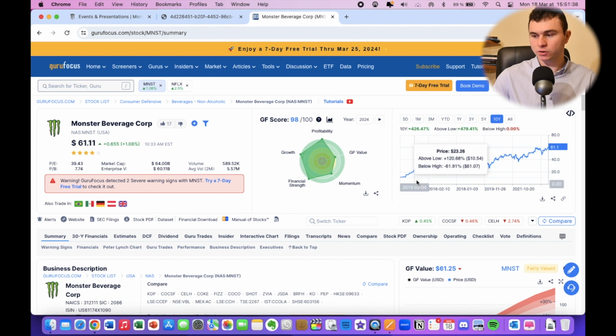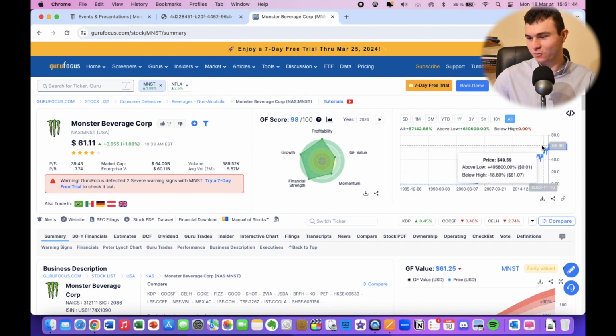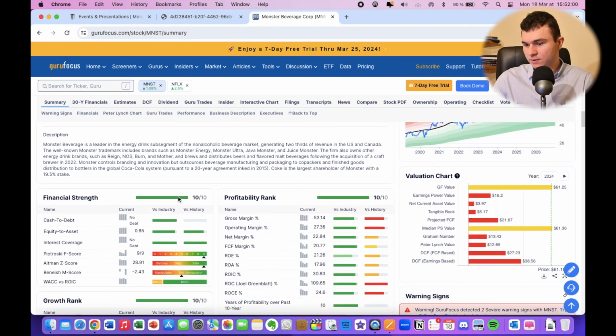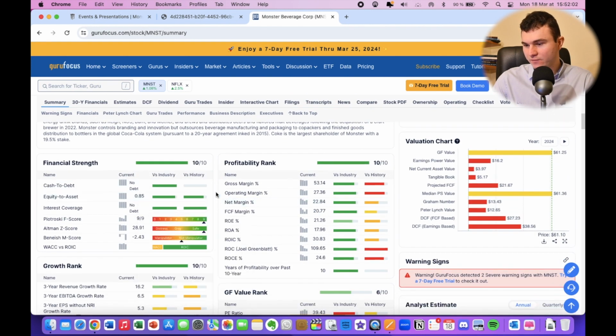You have the evolution of the stock price for 10 years, for all, if you want to see the beautiful stock price evolution over time. What does this page give you? The PE ratio of 40, market capitalization of $64 billion. So this is not a small company. That's a big company.